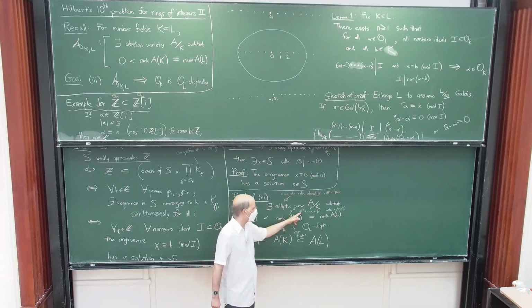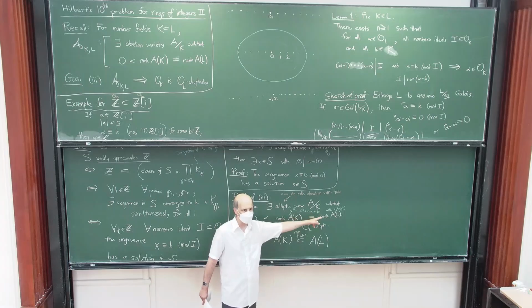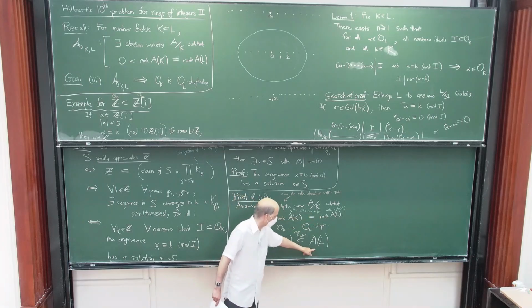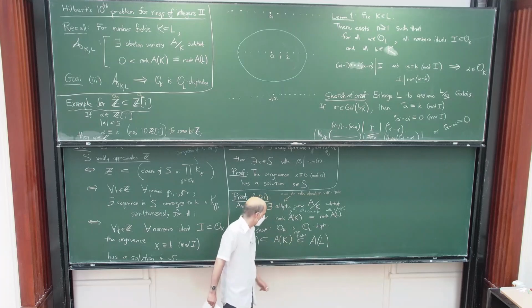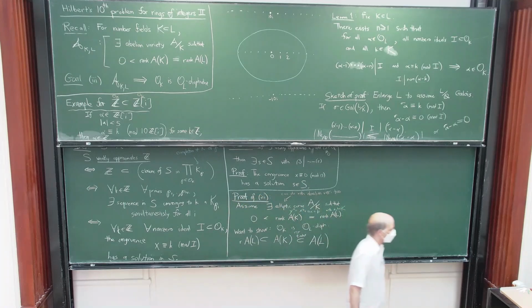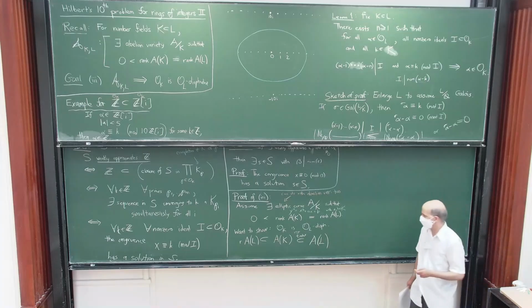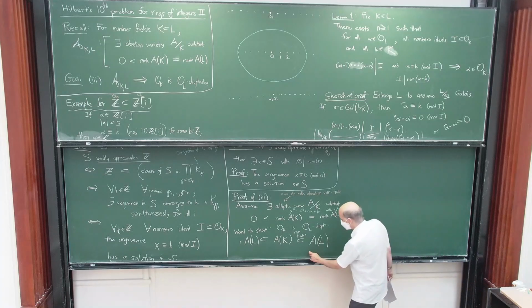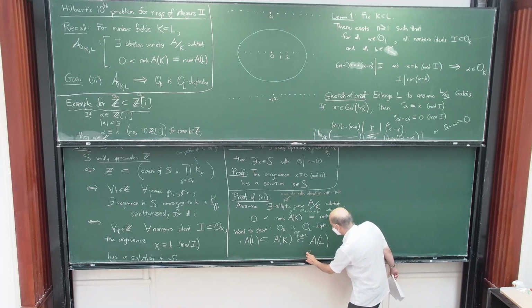So I can talk about the L solutions to this equation. So I can think of this set as being Diophantine over OL.